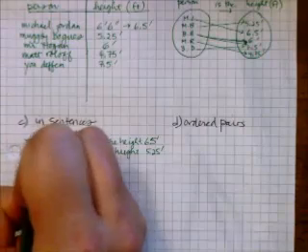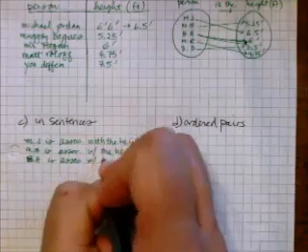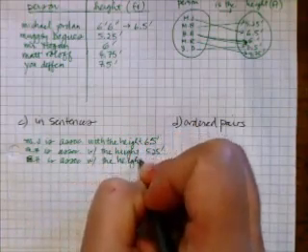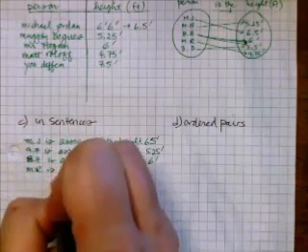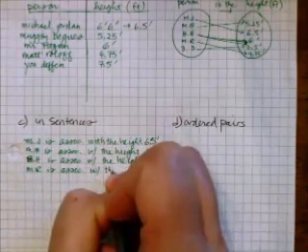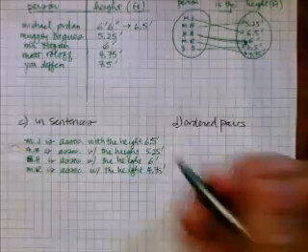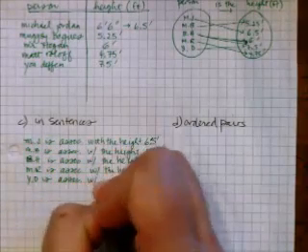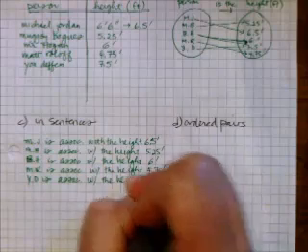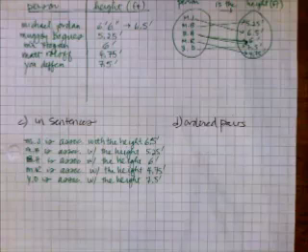Mr. Hogan, Bill Hogan, is associated with the height 6 feet. And then Matt Roloff is associated with the height 4.75 feet, and then Yao Deffen is associated with the height 7.5 feet.